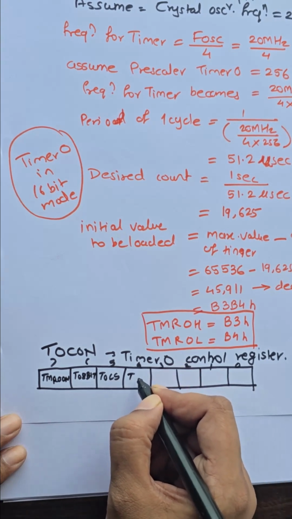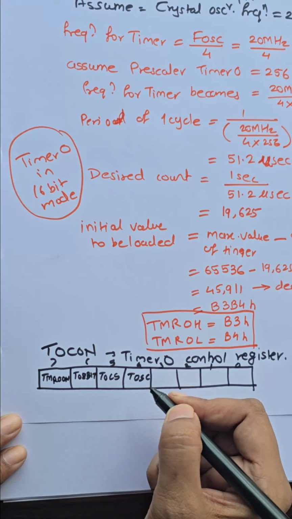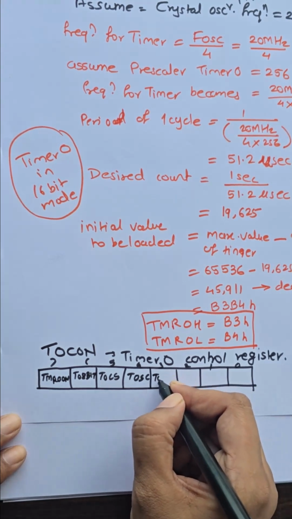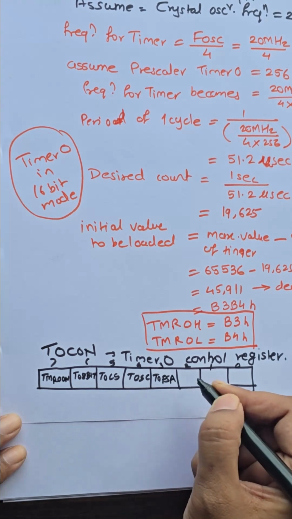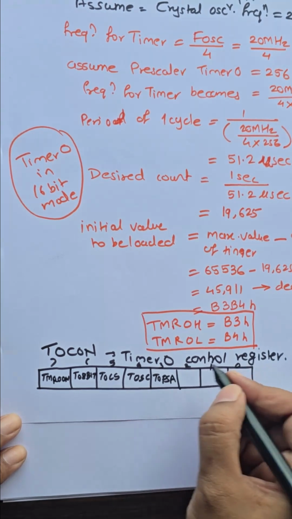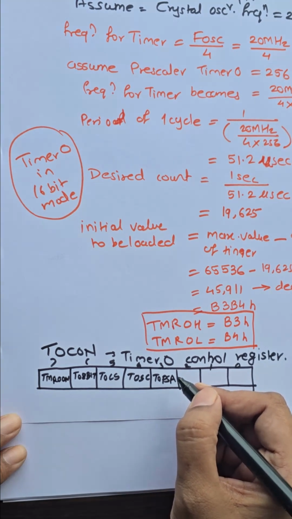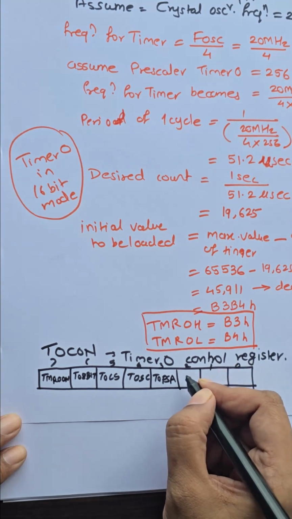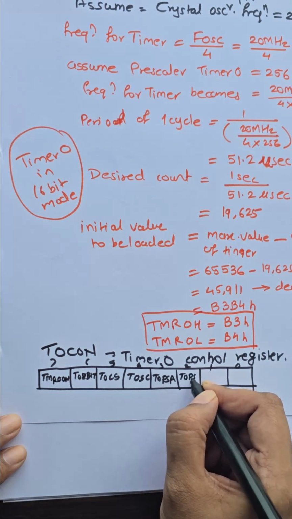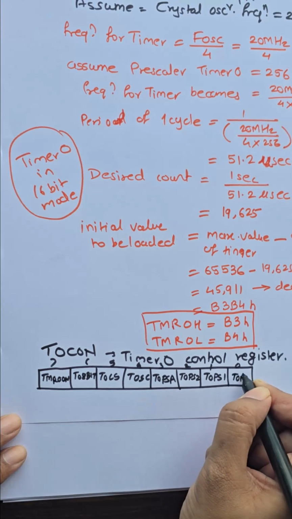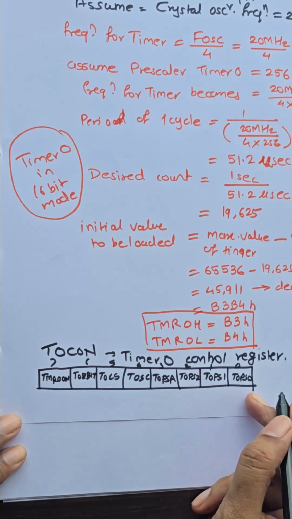Next is T0SE, for the synchronization purpose. Then T0PSA decides whether to assign the prescaler or not. If it is 0, the prescaler is assigned; if it is 1, the prescaler is not assigned. Next are T0PS2, T0PS1 and T0PS0, which are the prescaler bits.